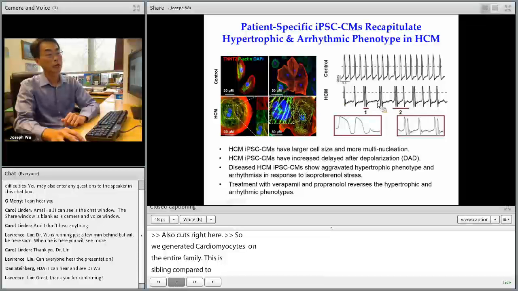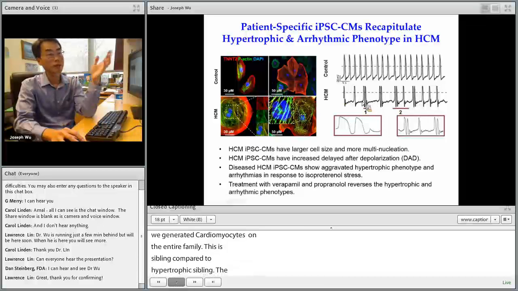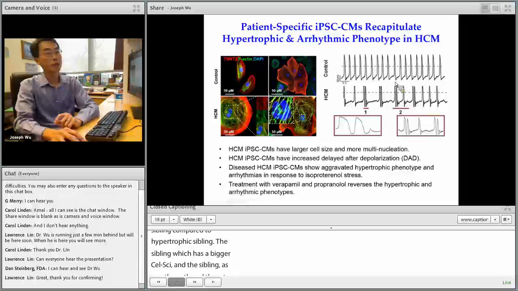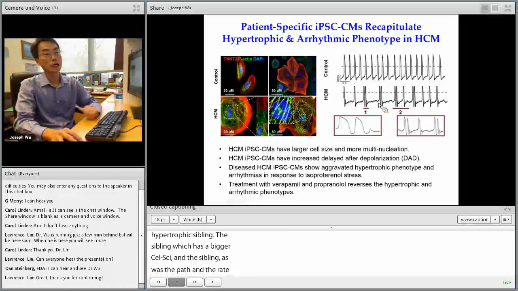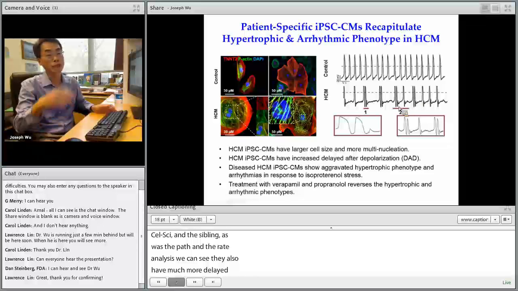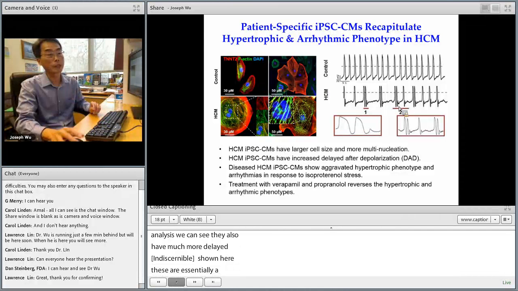When we do the patch clamp as well as multi-electrode array analysis, we can see the hypertrophic siblings also have much more delayed afterdepolarizations, as shown here, compared to the control. The DADs are essentially a phenotype in which you have extra beats, for example, on the QT interval, and the extra beat can actually cause VT, VFib, and even torsades. So this is not a good sign for these hypertrophic siblings.